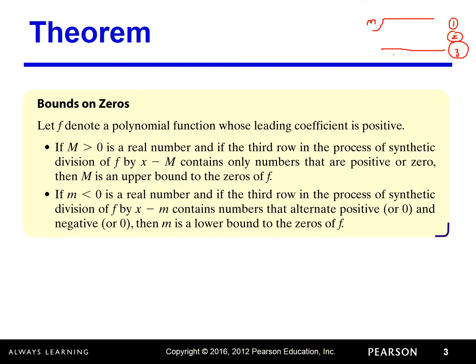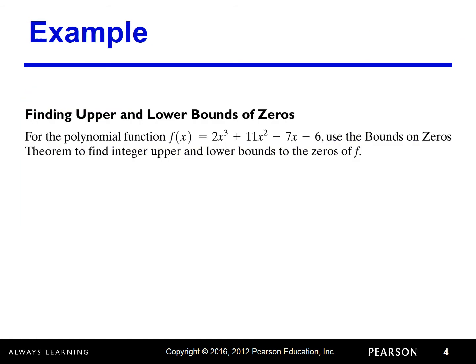There is no 0 that's less than little m. Okay, so let's use the bounds on zeros theorem to find upper and lower bounds to the zeros of f.